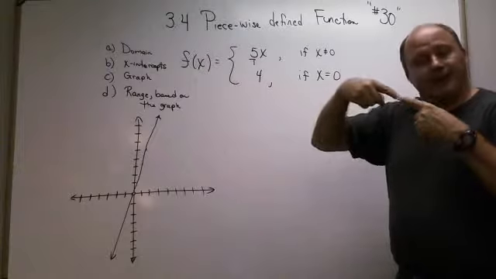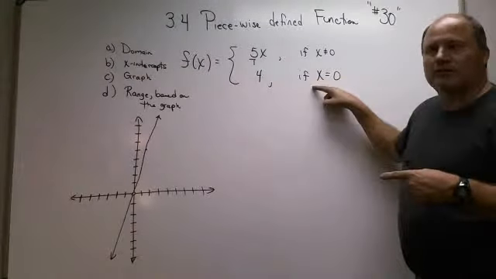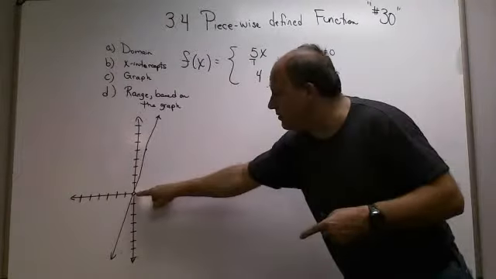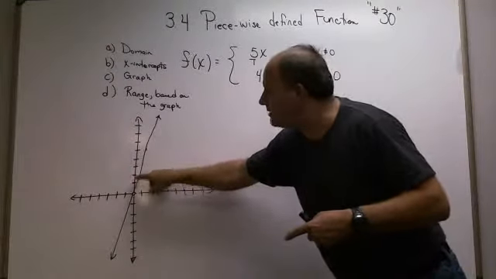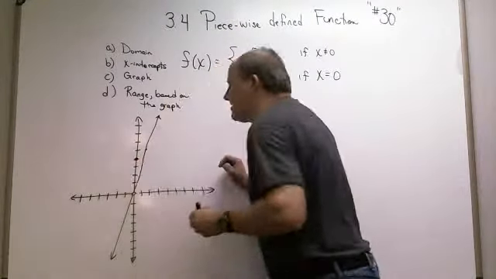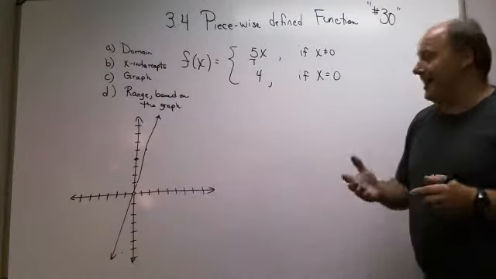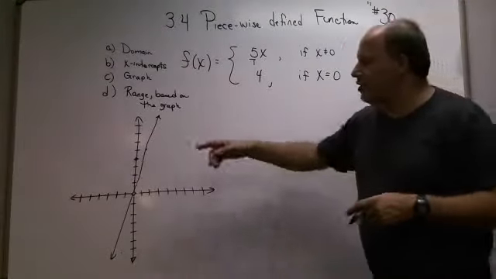At that disconnection, it's actually defined to be 4. So when x equals 0, the output is 4. You just have a standalone point up there. And it is a function. It passes the vertical line test everywhere, even including the y-axis.